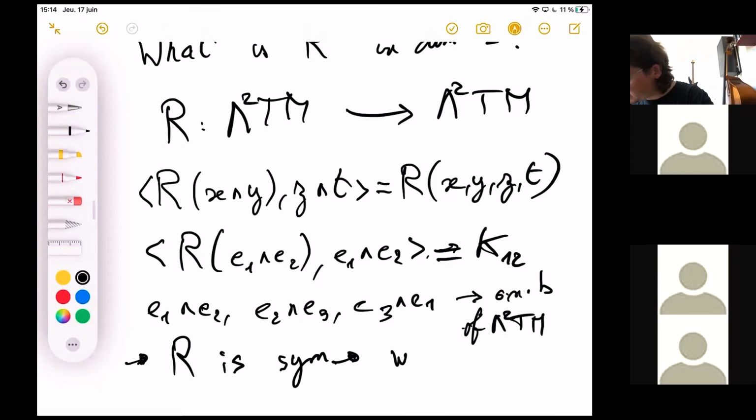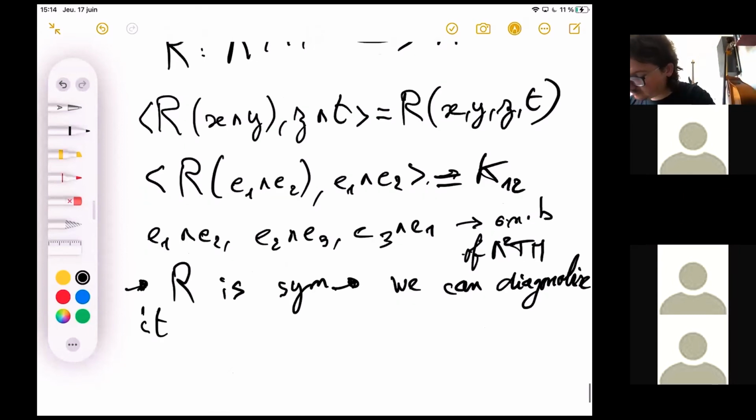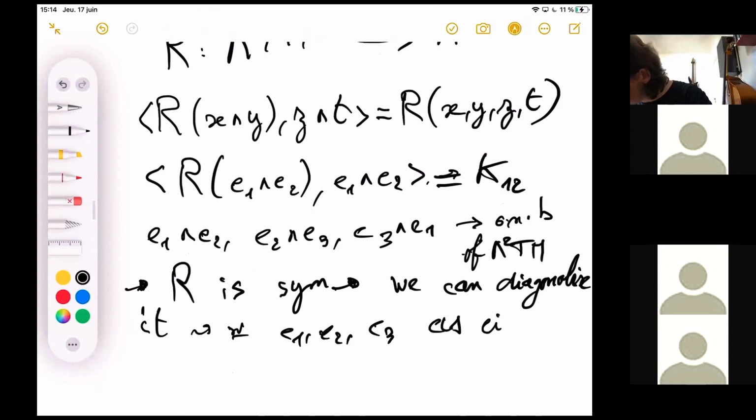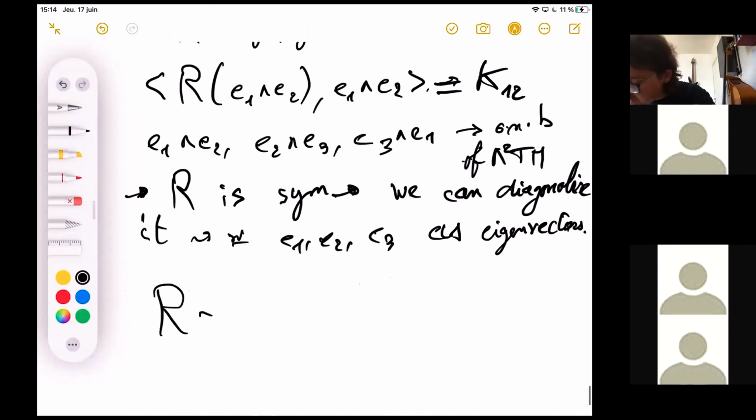That means that we can diagonalize it, with E1, E2, E3 as eigenvectors. And so R can be written in the following form.